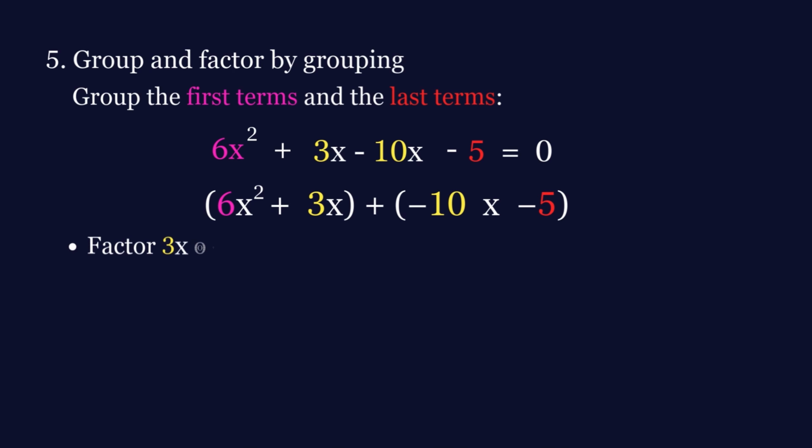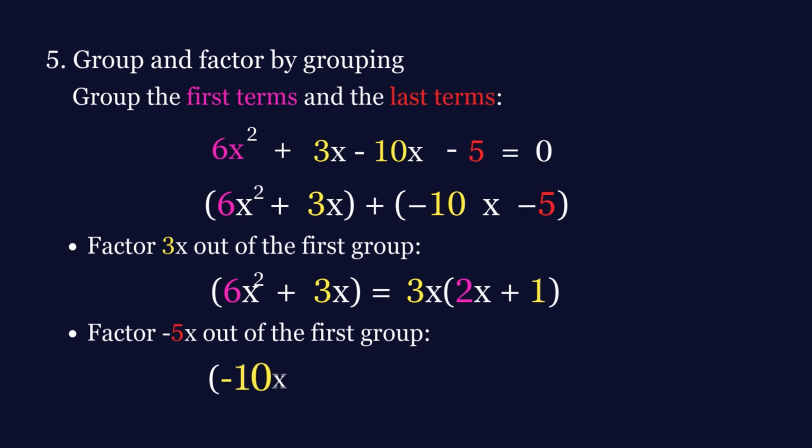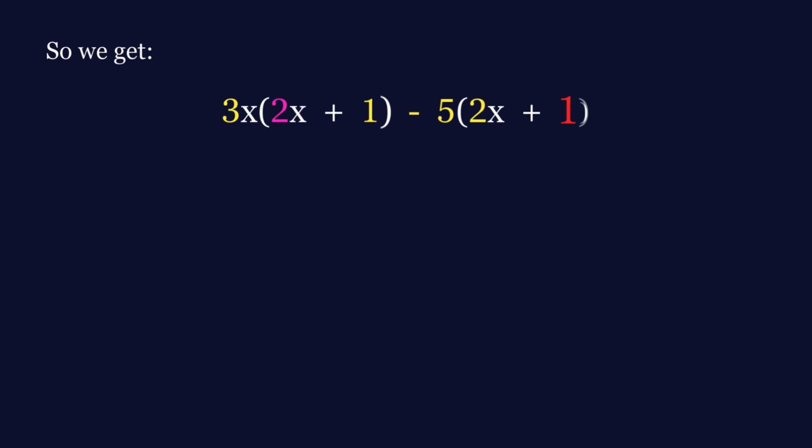Now we need to factor 3x out of the first group so that it looks like 3x times (2x plus 1). And I also need to factor negative 5 out of the second group, which will look like negative 5 times (2x plus 1). So we get 3x(2x plus 1) minus 5(2x plus 1).